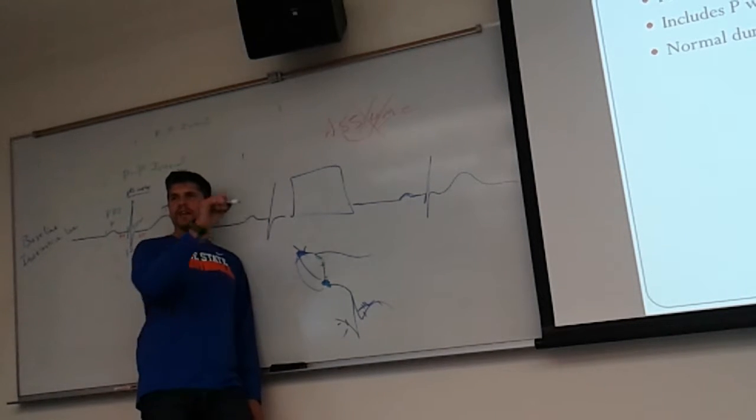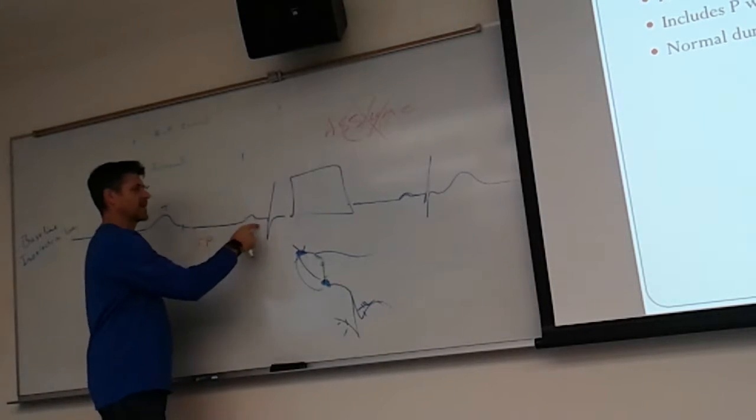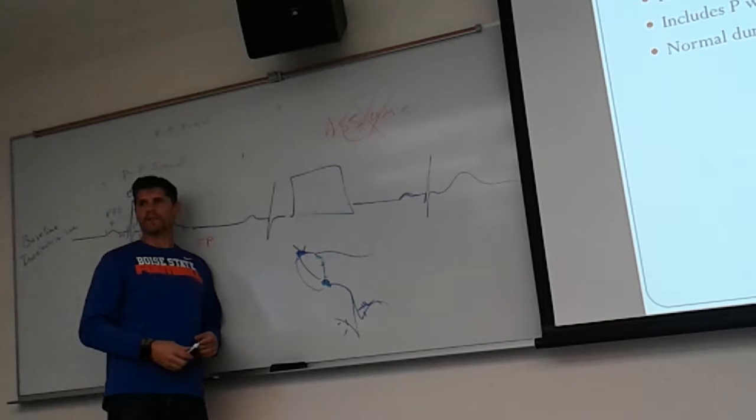The QRS complex is related to the ventricles. So there will be an elongation of the PR segment, and the PR interval will take longer than 0.20 seconds. What can cause a heart block?